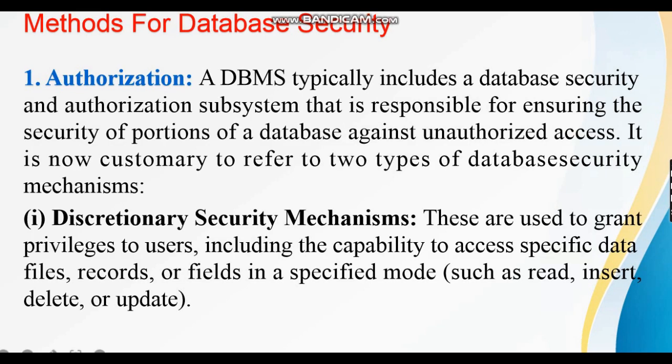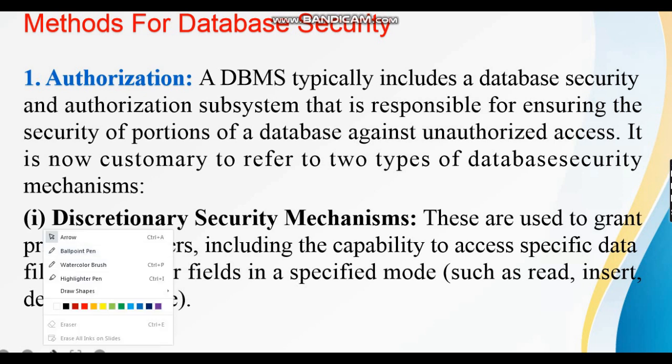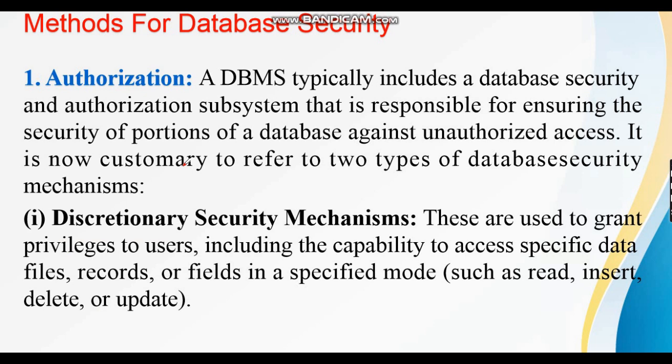Okay. Now these are the methods for database security. Very first one is what? Authorization, right? So here you can see a DBMS typically includes a database security and authorization subsystem that is responsible for ensuring the security of portions of a database against unauthorized access.